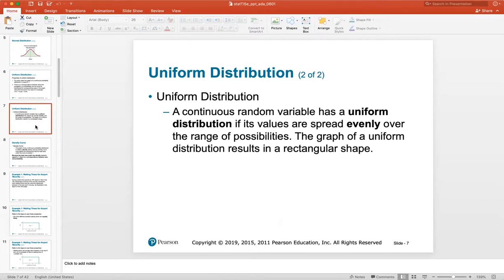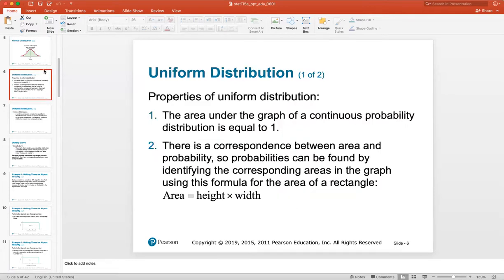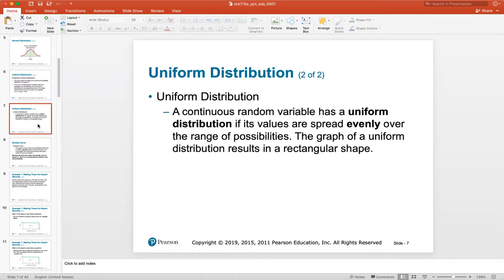Keep in mind the goal is to understand the normal distribution, right? We're studying the uniform distribution because it is a simple example of a probability distribution with a continuous random variable.